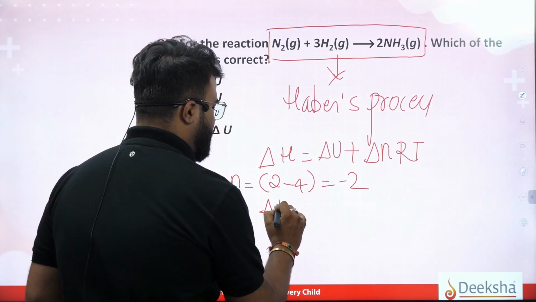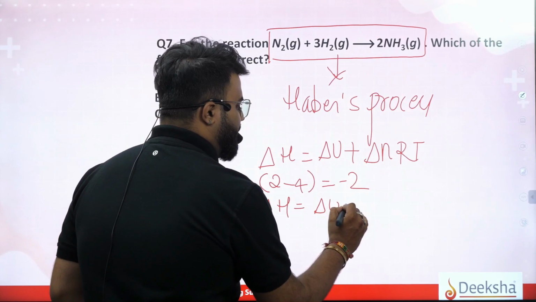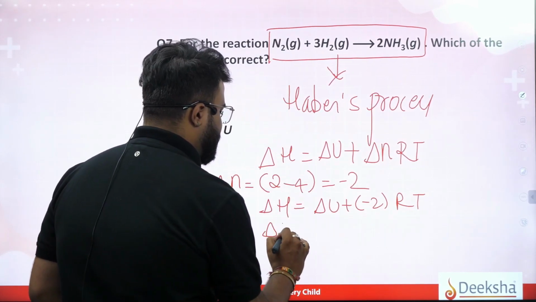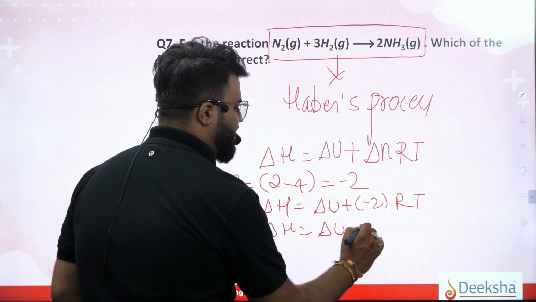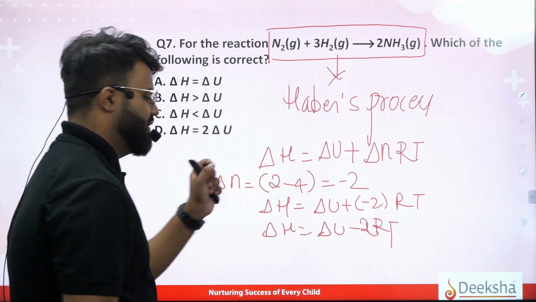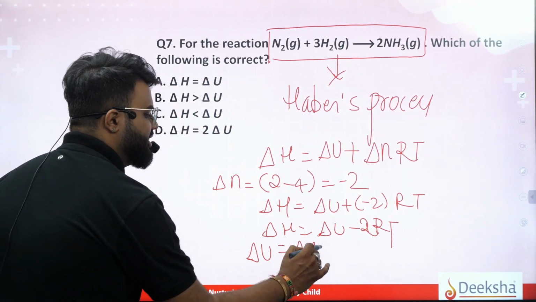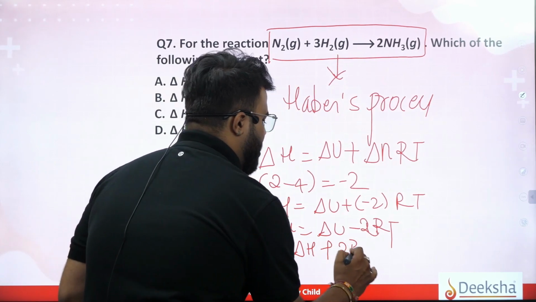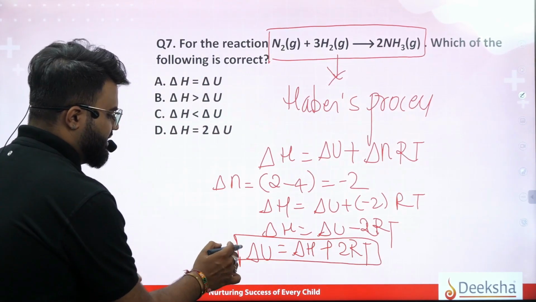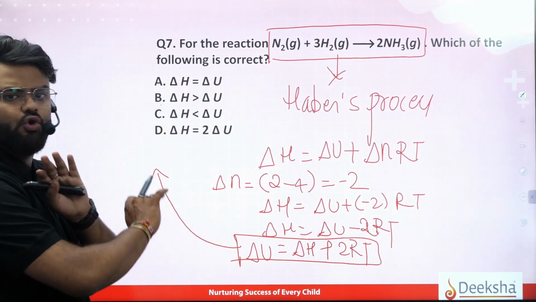If we substitute this, delta H is equal to delta U plus minus 2 into RT, so delta H is equal to delta U minus 2 RT. Now if I take delta U to this side, delta U is equal to delta H plus 2 RT. So what does this define? Does this equation say delta H is equal to delta U? Not at all.